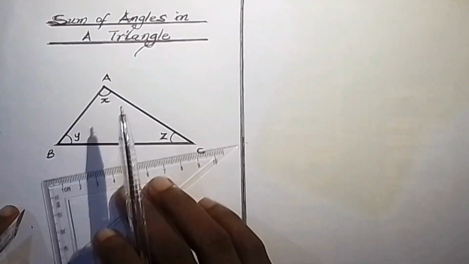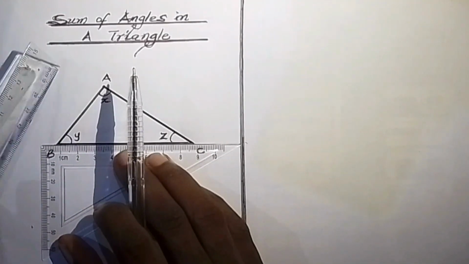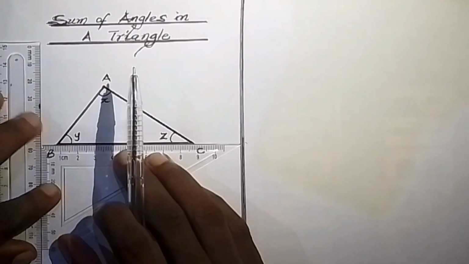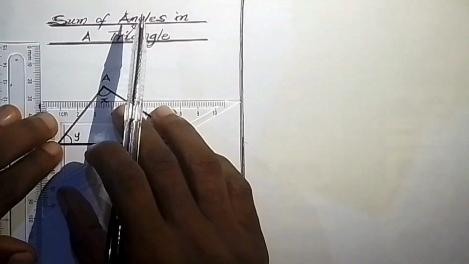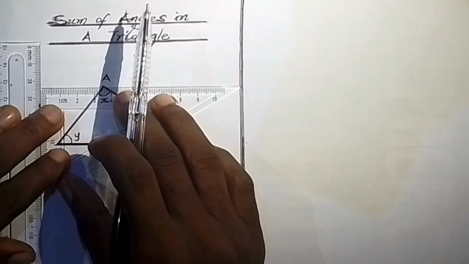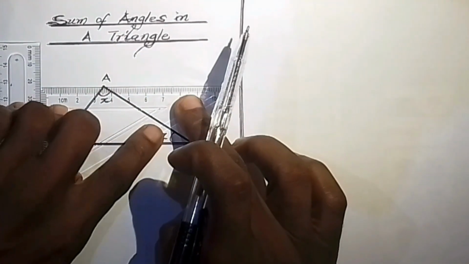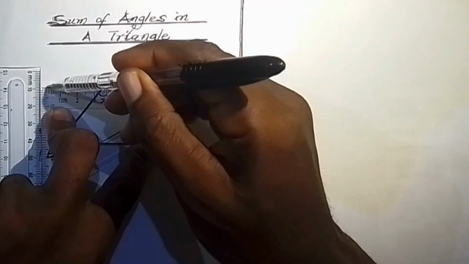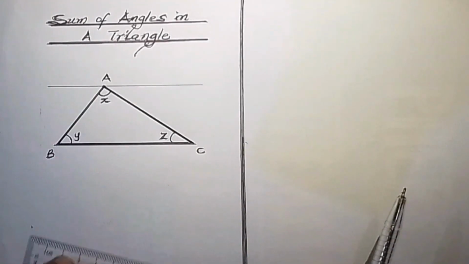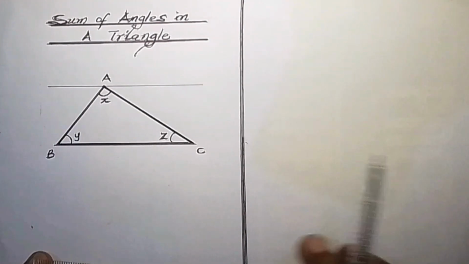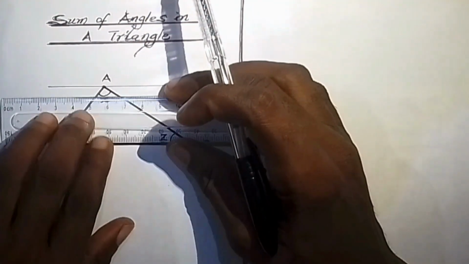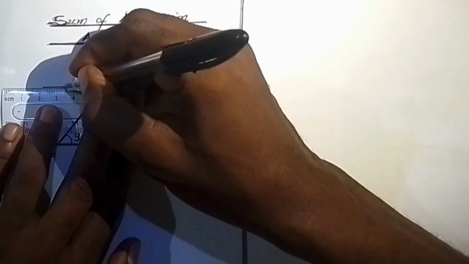a little construction. We are going to draw a line through A. The line should be parallel to line BC, like this. In order not to confuse the line with the triangle, let's make that line dashed lines, like this.